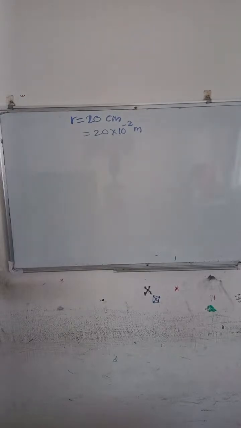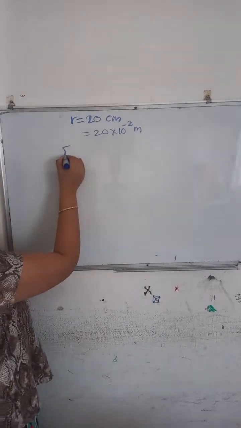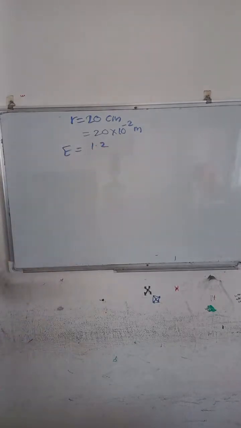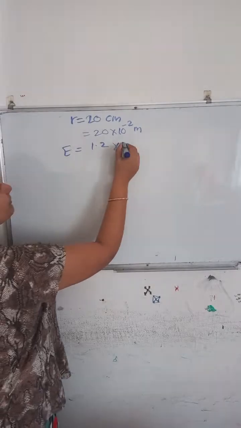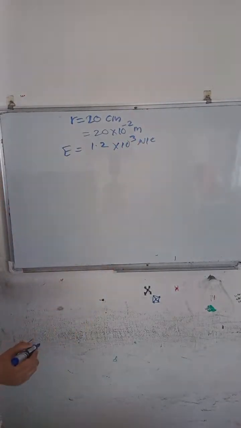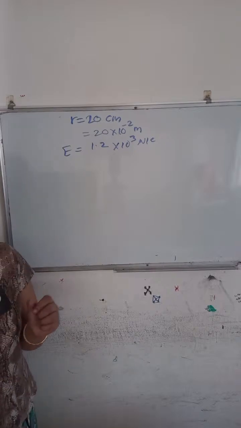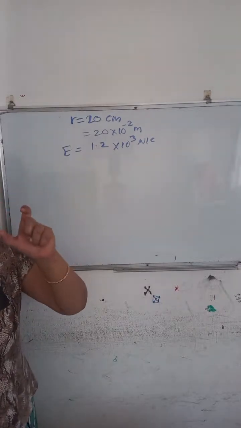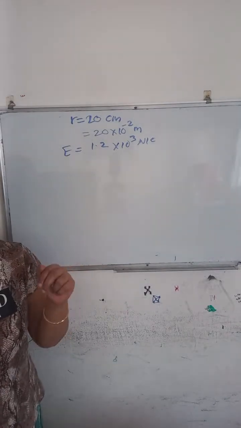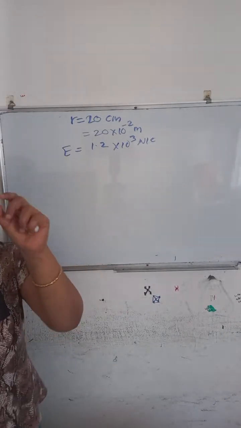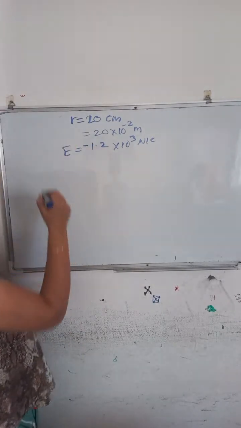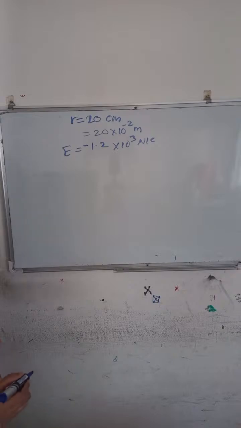Okay, and electric field intensity E is given 1.2 into 10 raised to 3 Newton per coulomb. Now the thing is that they use one word. The electric field intensity is radially inward. Okay, radially inward means of course that charge should be what? Negative. So that's what I will give here, sign negative.